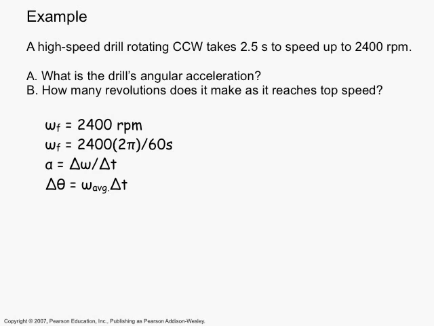So v of the object is equal to omega times r, and the acceleration of the object relates to the rotational acceleration alpha. So r times alpha is equal to the acceleration of the object. These are connections between the motion of the block and the motion of the pulley. The rotational motion is directly linked to the translational motion.